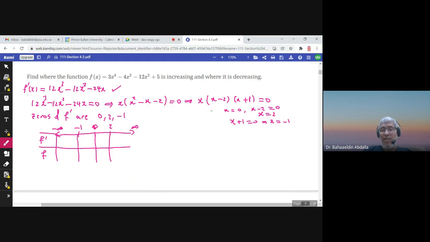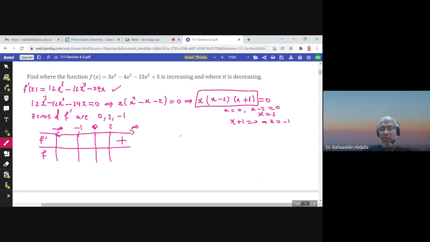So I can use this quantity. This quantity has the same sign as f prime because f prime is just 12 times this. So if I replace x by 3 here, I can see that 3 is positive, 3 minus 2 is positive, 3 plus 1 is positive. If I multiply positive times positive times positive, it would be positive. So actually f prime to the right of 2 is positive.